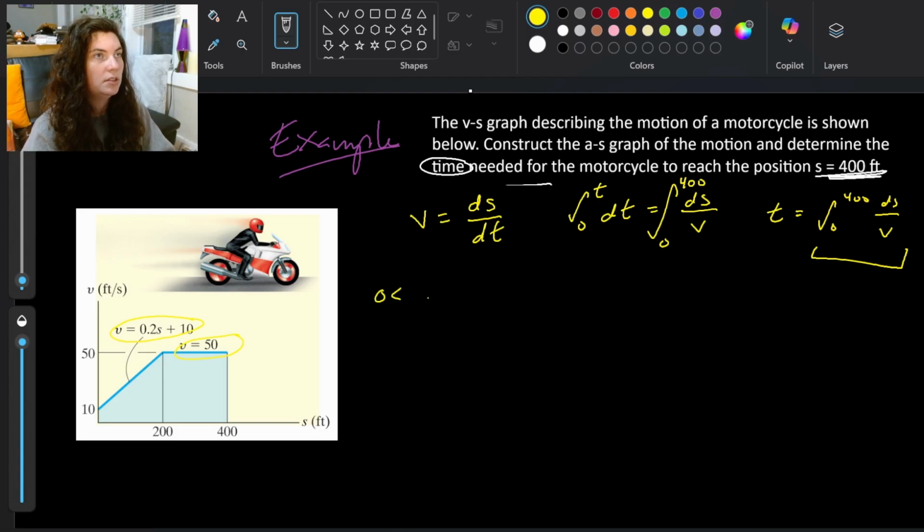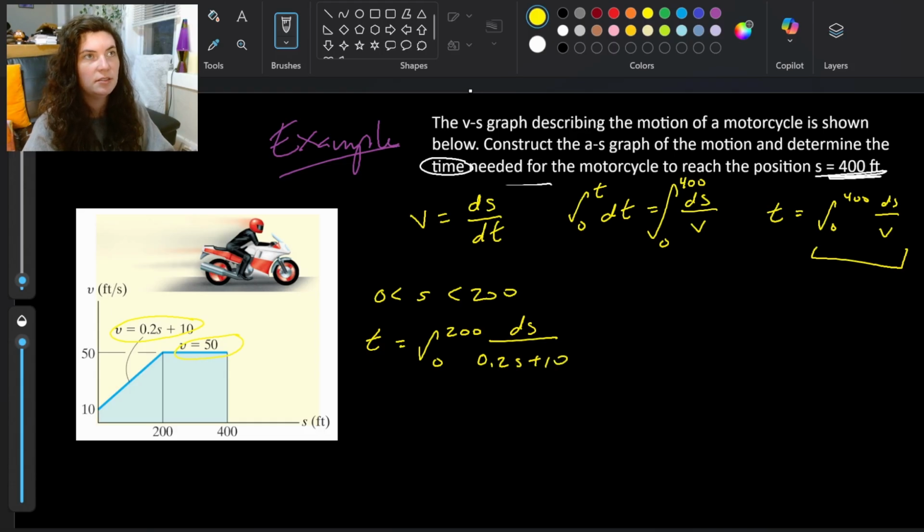So from 0 to 200, that amount of time is the integral from 0 to 200 of ds over the velocity function for that section, so that's 0.2s plus 10.